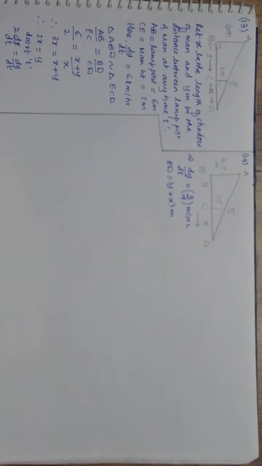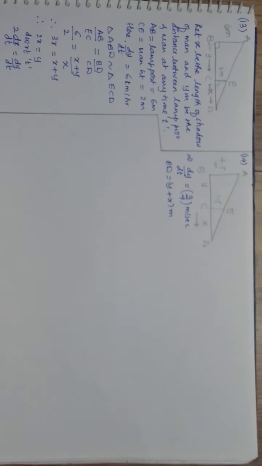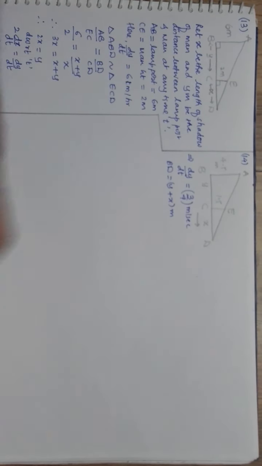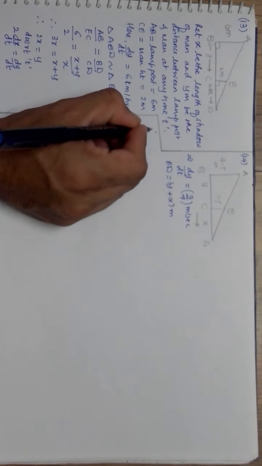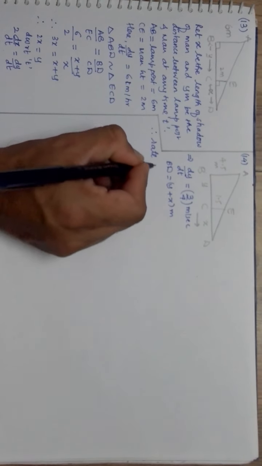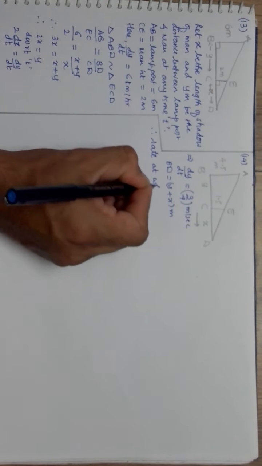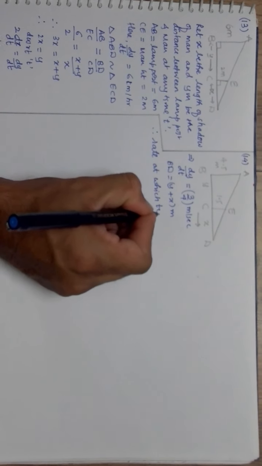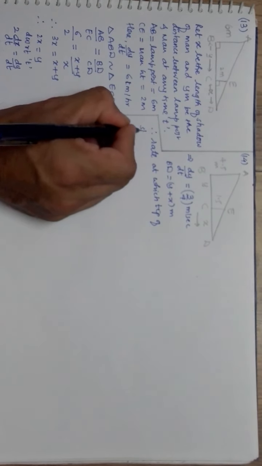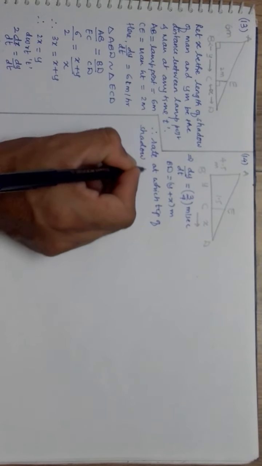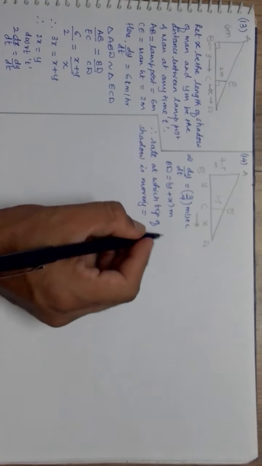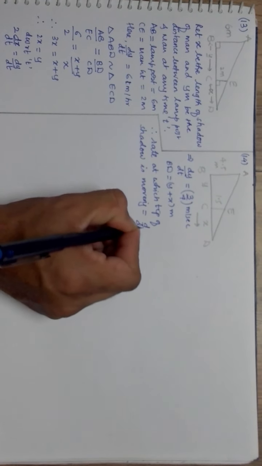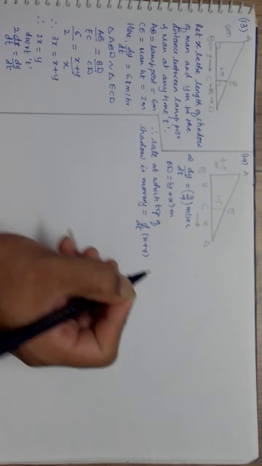The change in BD is nothing but the derivative of BD with respect to time t. So the tip of shadow is moving. Therefore the rate at which the tip of shadow is moving will be d by dt of x plus y.